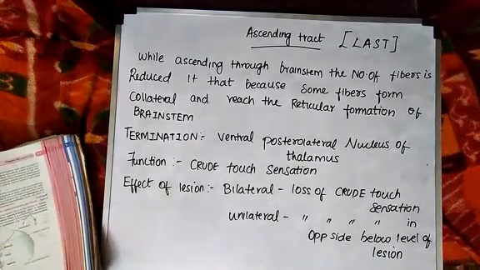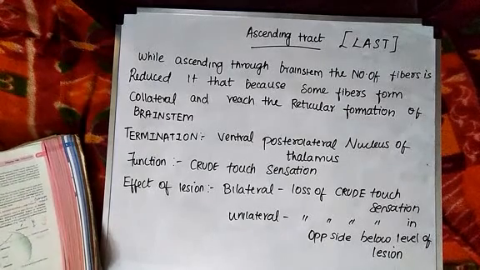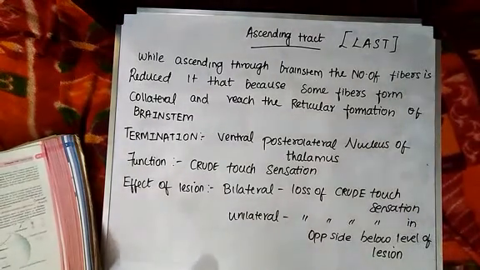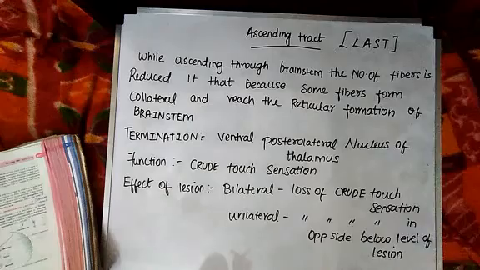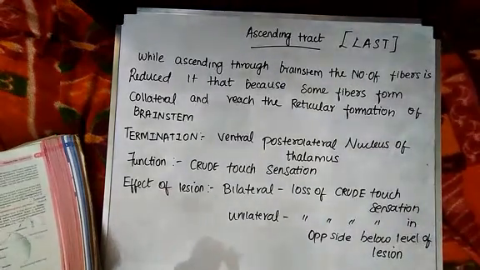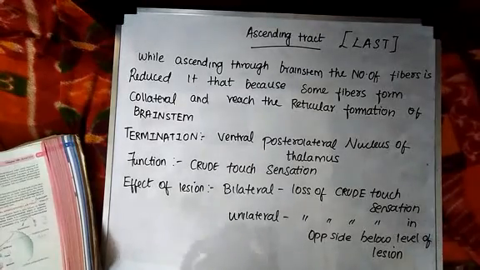If you don't know about the reticular formation, just remember the name, that's enough. I already said where it terminates: in the ventral posterolateral nucleus of the thalamus. Here I am just introducing another nucleus name. Just remember, ventral is the front side, and posterior, what is posterior?